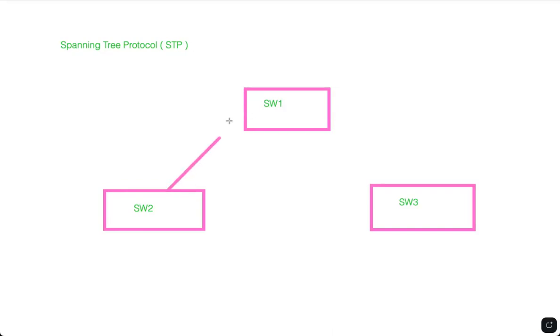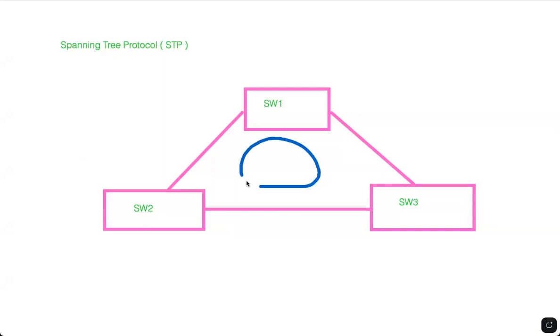Switch 1 is connected to switch 2, and switch 1 is connected to switch 3, and there is a connection between switch 2 and switch 3. So if you observe, there is a loop in the network. For example, a PC is connected here.